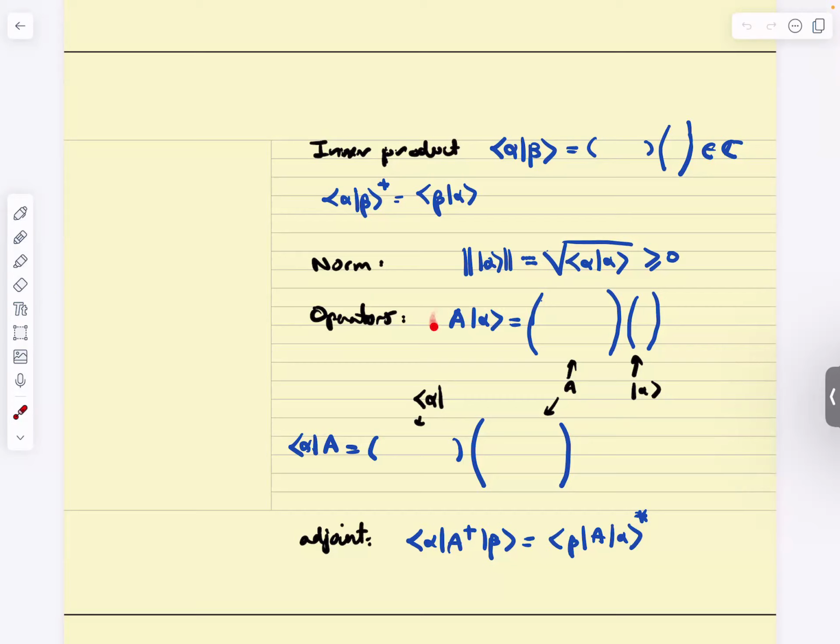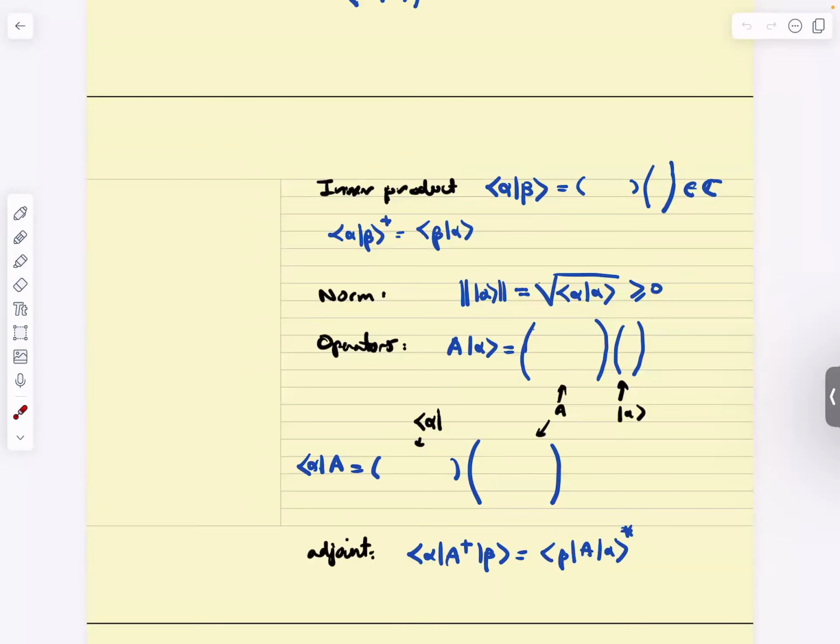So when an operator A acts on a ket alpha, we model the operator by a D by D matrix that acts on the right on a ket, or it could act on the left on a bra, right? So you could multiply a row vector by a D by D square matrix from the left, or you could multiply a column vector on the right.